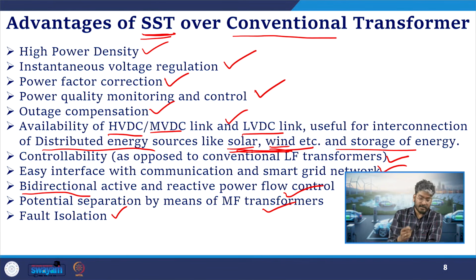Fault isolation. If there is a fault on the primary side, I can isolate it from the secondary side and vice versa. The fault current from one side will not be allowed to flow to the other side when I have an SST, which was not possible with my conventional transformer.